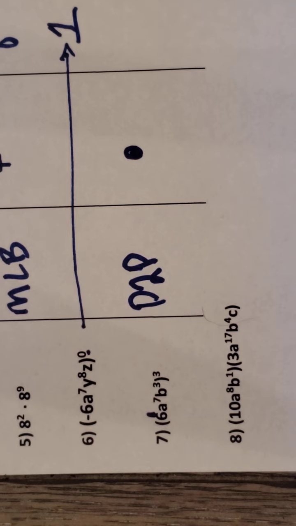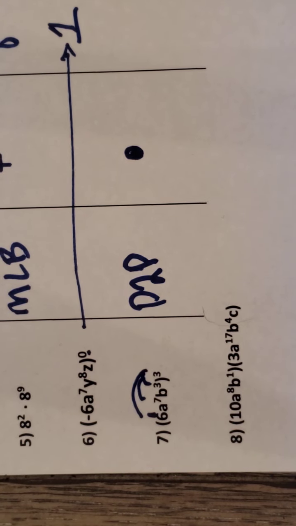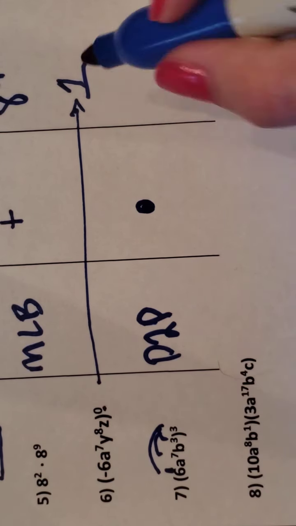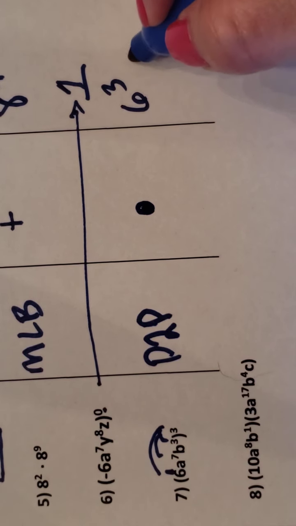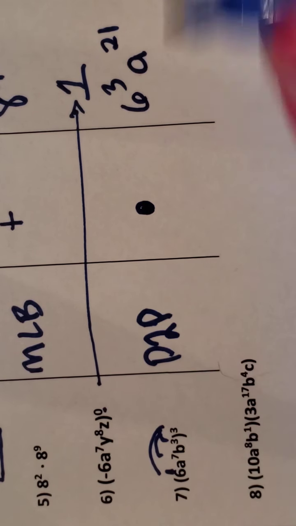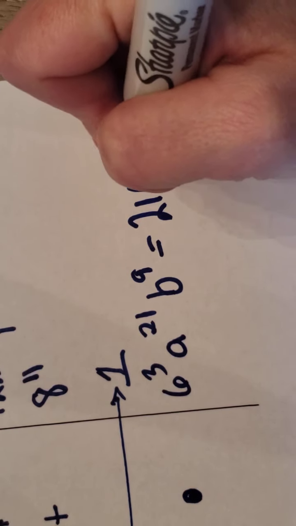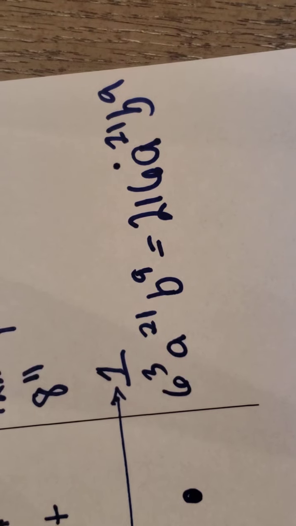So how many arrows are coming off my 3? 3 of them are. And we're multiplying, so 6 to the 1st becomes 6 to the 3rd. A to the 7th times 3 is A to the 21st. B to the 3rd is 3 times 3, which is 9. And 6 to the 3rd is 216. A to the 21st, B to the 9th.